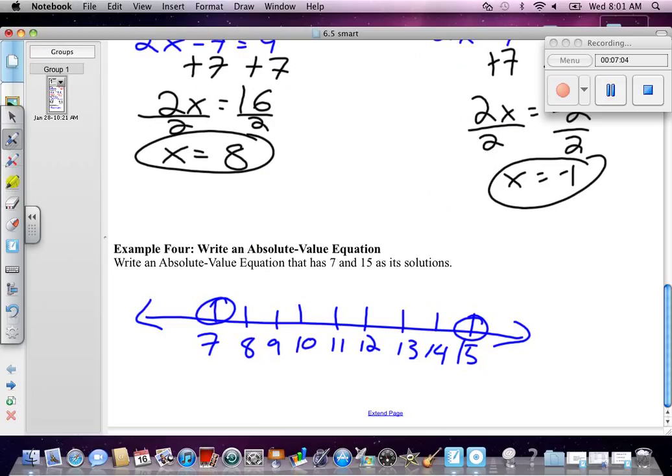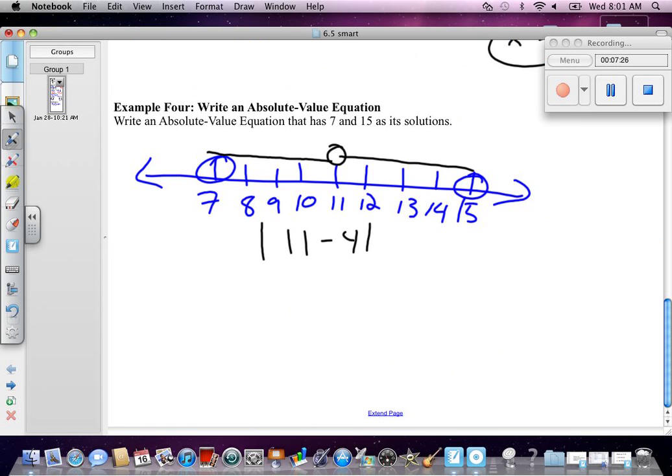So the first thing I'm going to do is find the very middle. If I move in 1, 2, 3, 4, I've got to move in 1, 2, 3, 4 from the other side. So the middle is 11. Okay? So we want to do the absolute value of 11 minus 4. And that, no, that's not true.